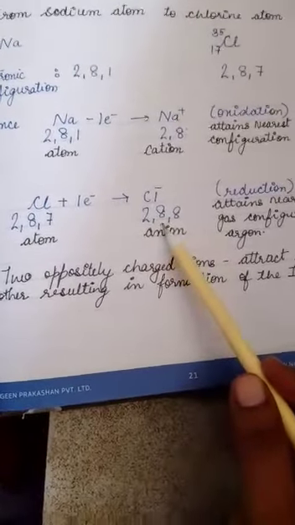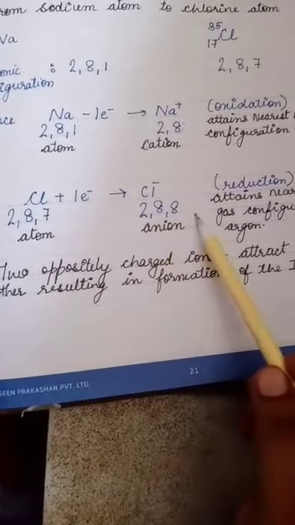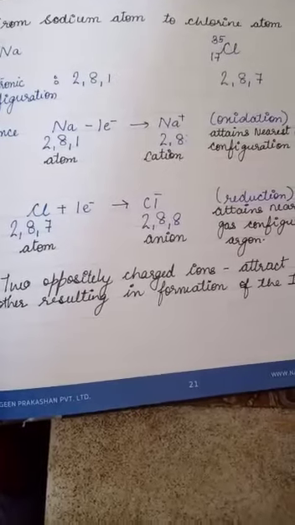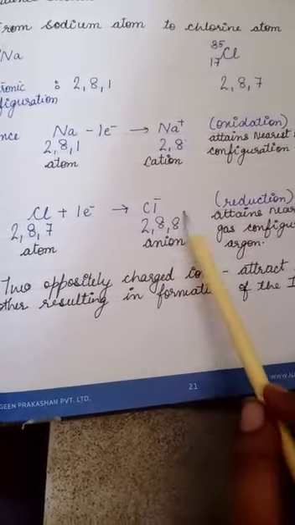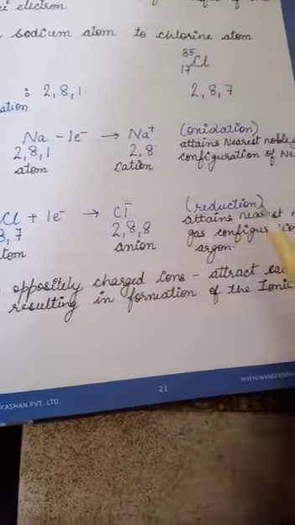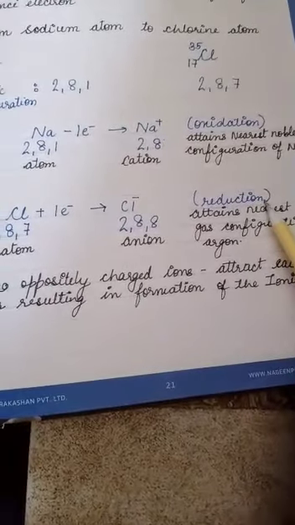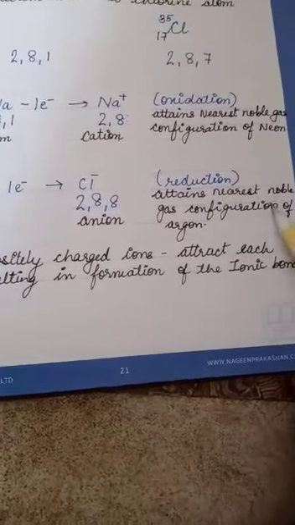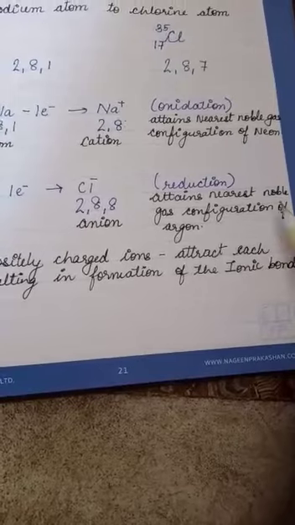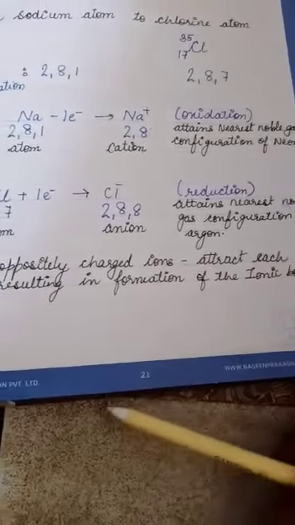Now the electronic configuration of chlorine is 2,8,8, which is a stable electronic configuration. Here the process is gain of electron, hence the process is reduction. Also the chloride ion attains the nearest noble gas configuration of argon.